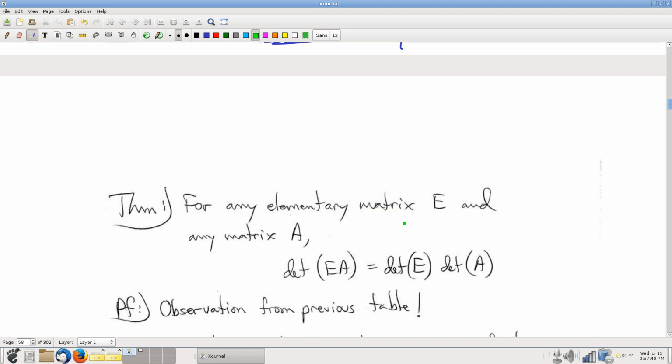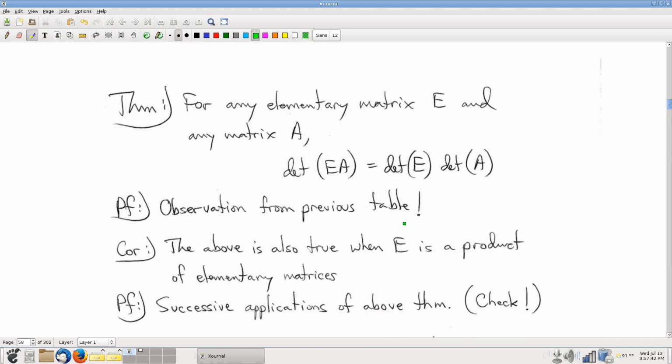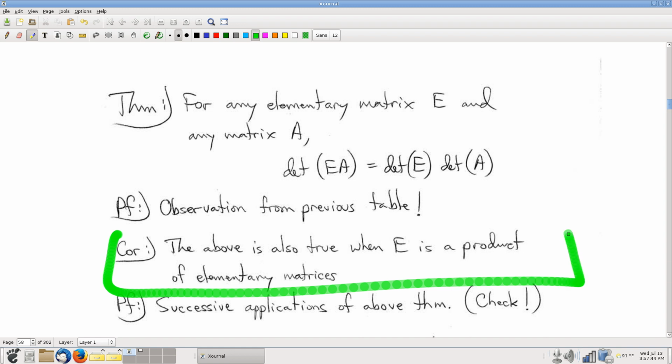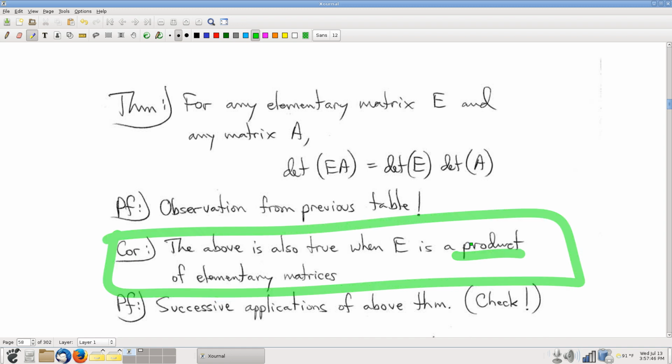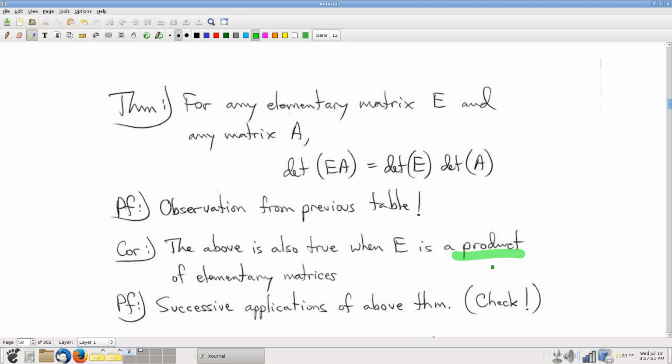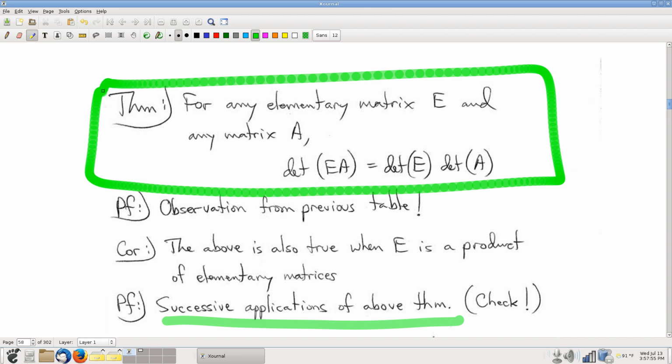All right. Not hard to show, however, that the above is also true when you have a product of elementary matrices. In fact, you can prove this result just by making successive applications of the theorem that we already know.